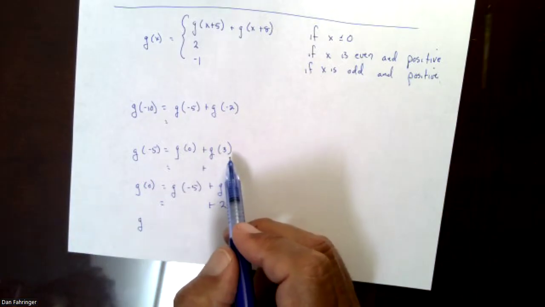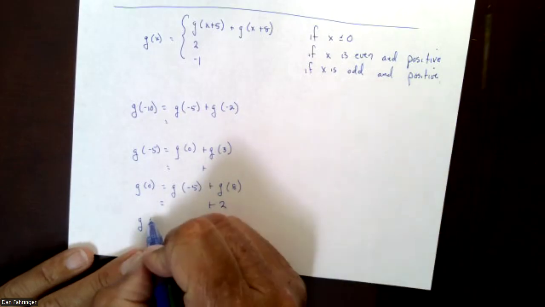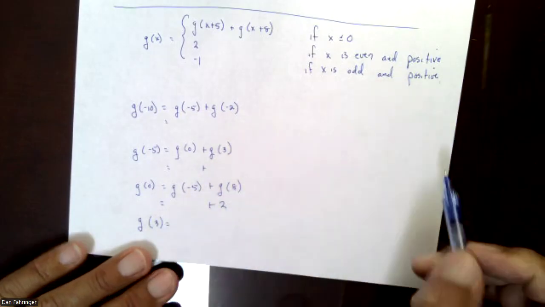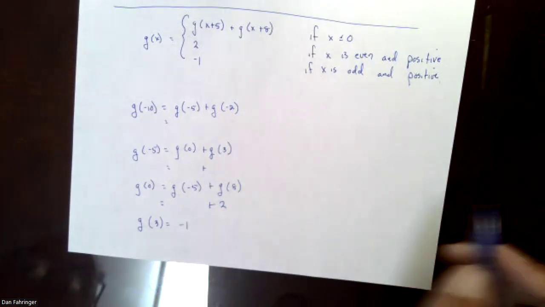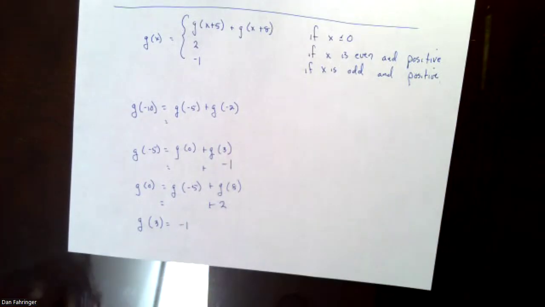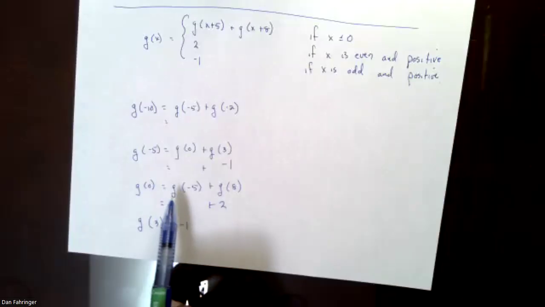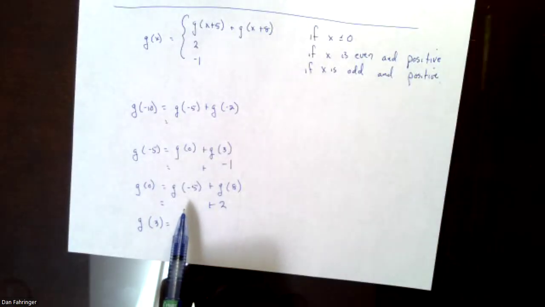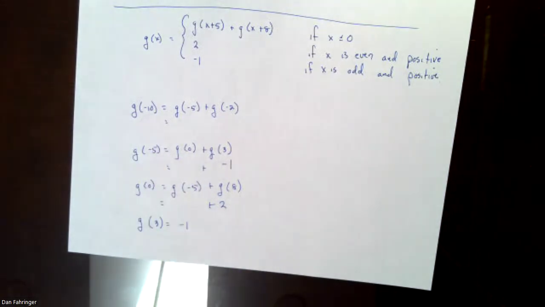Oh boy, g of 3. Uh-oh, I may be in trouble here. G of 3 is odd and positive, so that's going to be a negative 1. But I think I have a problem with this one. I can't find g of 0 because I need g of negative 5, and I can't find g of negative 5 because I need g of 0.